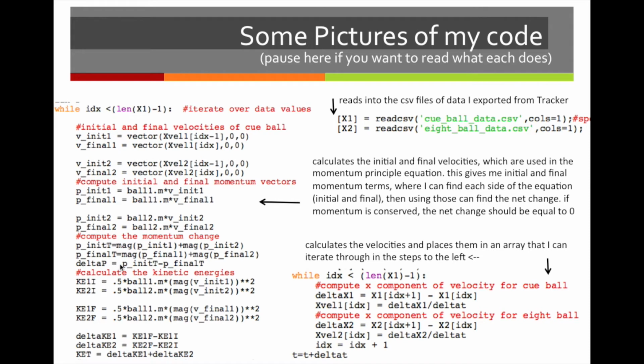This is the change in momentum for the entire system, which should be equal to 0 if the momentum principle was being applied. This also gives me the kinetic energies of each initially and finally, the changes in kinetic energies, and then the net change in kinetic energy, which should be 0 if it's a completely elastic collision.